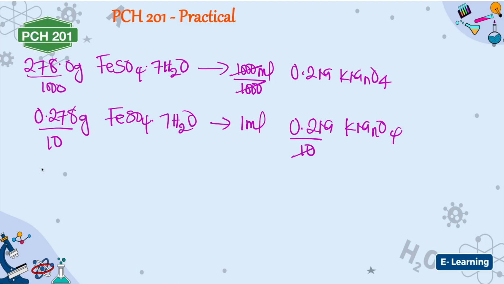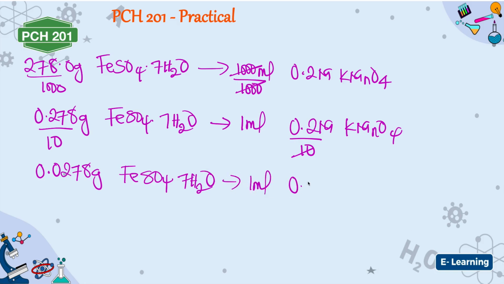So when this cancels this, it will give us 0.0278 gram ferrous sulfate heptahydrate will be 1 mil 0.02 molar KMnO4. Are you getting it now?